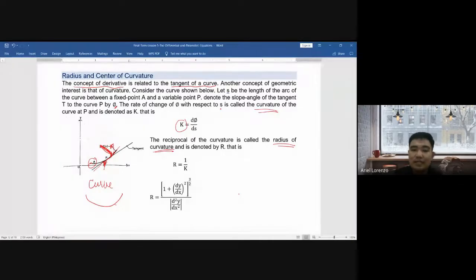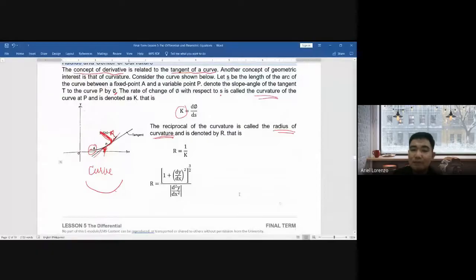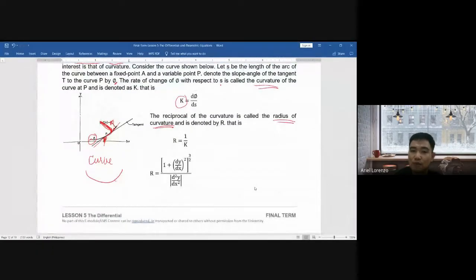So that is just the reciprocal, class, of the curvature, or that is the absolute value of 1 plus the second derivative of your dy all over dx square, raised to 3/2, all over the absolute value of the second derivative with respect to dx square.